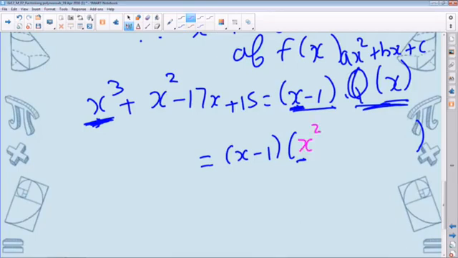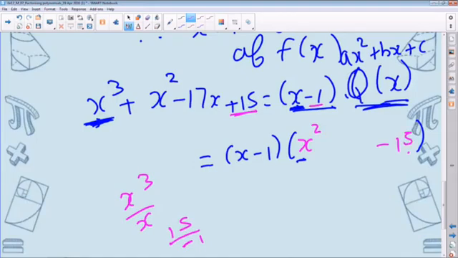How did I get that? I simply took x cubed and I divided it by x. Then to get the constant term in your bracket, you're simply going to take your constant term, which is 15, divided by your constant term in your divisor, which is minus 1. 15 divided by minus 1 gives me minus 15.